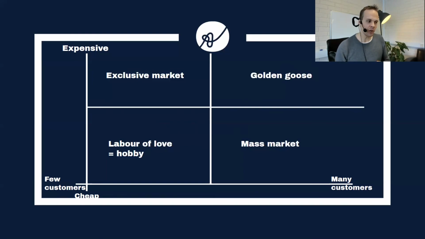How do we find out in which category these are going? First of all, just put your idea somewhere. And if you feel that, okay, this could be a good business idea, maybe in the exclusive market, mass market, or even a golden goose, then you take it and just start to do it.